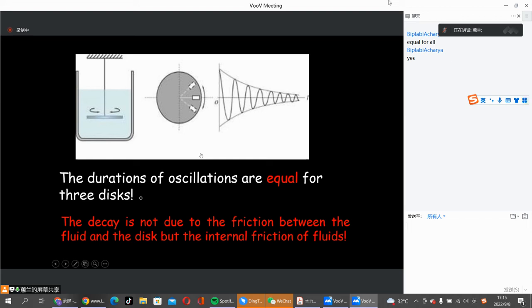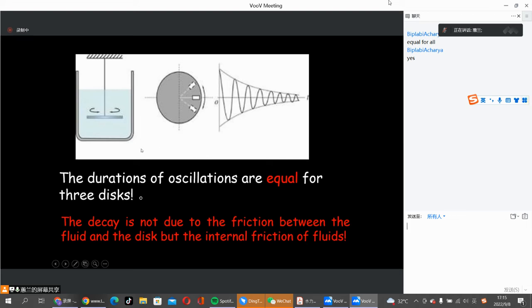And this friction force is decided by the fluid viscosity, not by the solid boundary. Okay, it's very important. The friction force between the solid and liquid is decided by the fluid viscosity. The larger the fluid viscosity, the larger the friction force between the solid and the fluid.